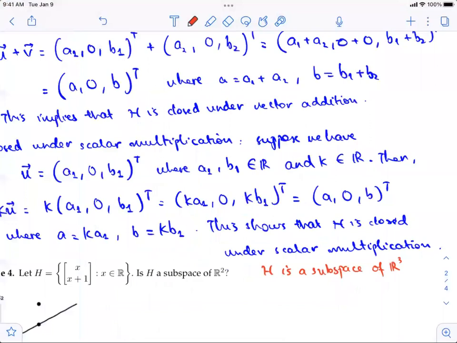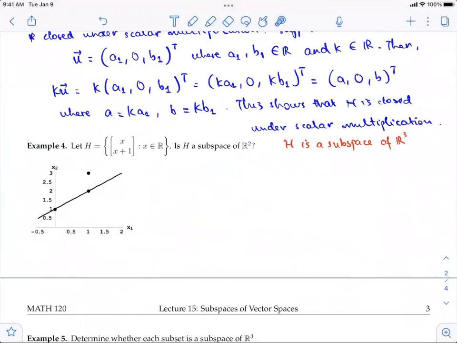Now, in the next example, we have the following set. You have a column vector x, x plus 1, for x in all real numbers. And we want to know if H is a subspace of R2 or not. In this case, you have a two-dimensional vector where the first component is x and the second component is y, for y equal to x plus 1.